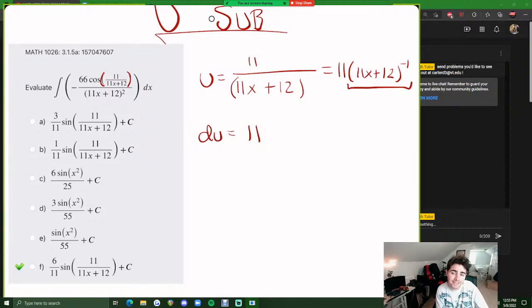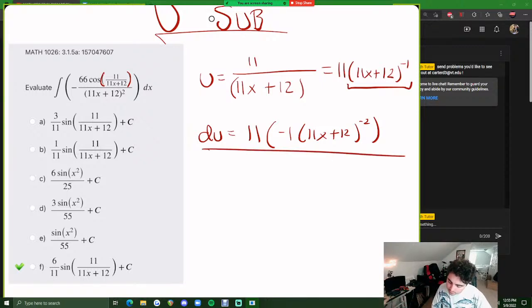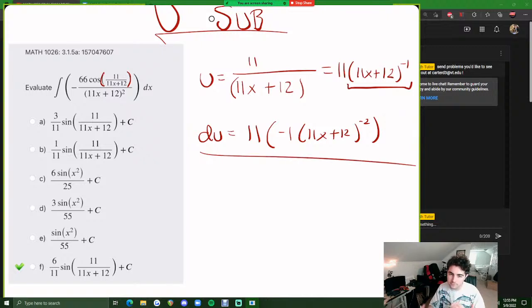So we start by bringing the negative 1 out in front. We leave the inside stuff, and then we raise it to the negative 2. So we bring the negative 1 out, we subtract 1 to get negative 2. Keep in mind, currently we're just finding the derivative because we're performing the first parts of u substitution. Later on, once we have the integral all in terms of u and du, that's when we'll take the antiderivative.